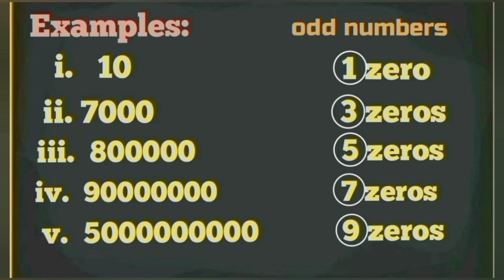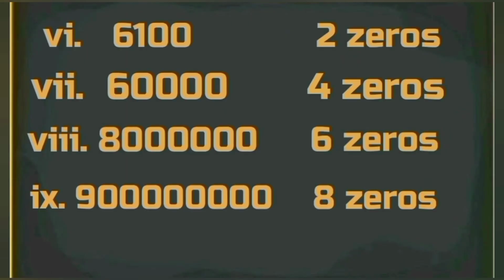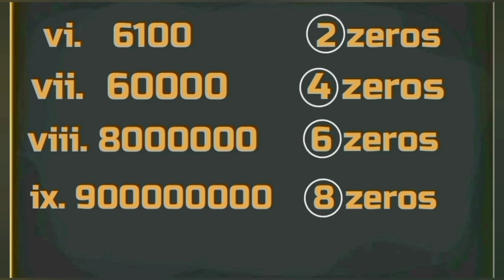They are odd numbers. So if any number is ending with an odd number of zeros, then it is not a perfect square. But when we come to example number 6 till 9, when we count the number of zeros in the given numbers, we find that they are even numbers. That is 2, 4, 6 and 8. So they are perfect squares.